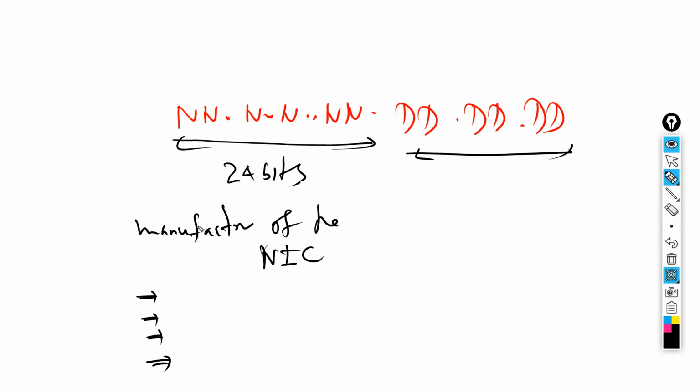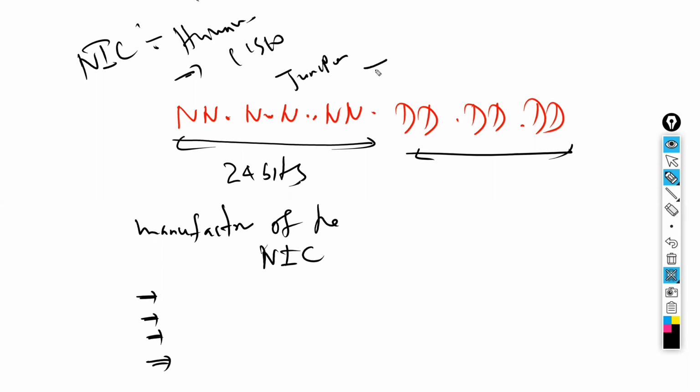Network interface cards are produced by not only one company. We say Huawei, Cisco, Juniper, Dell, HP.